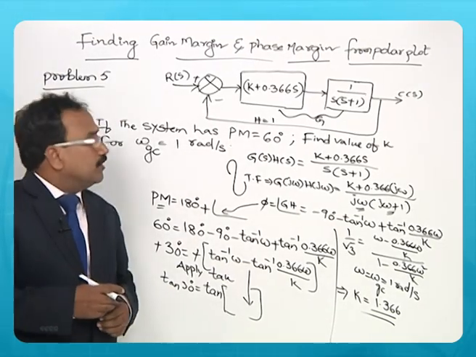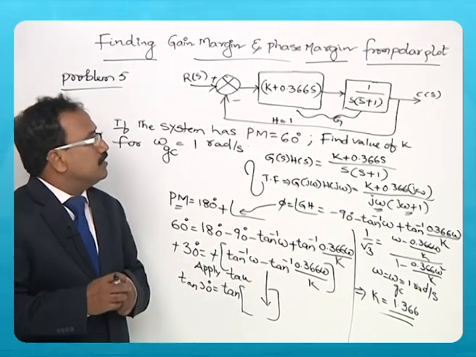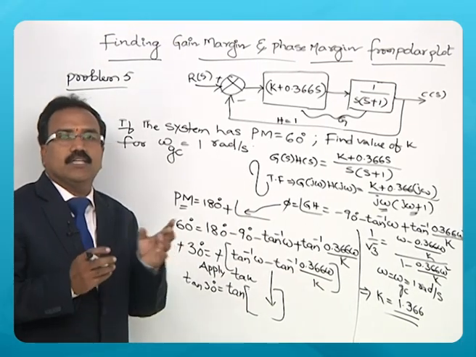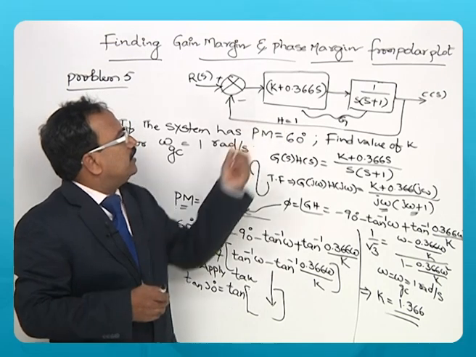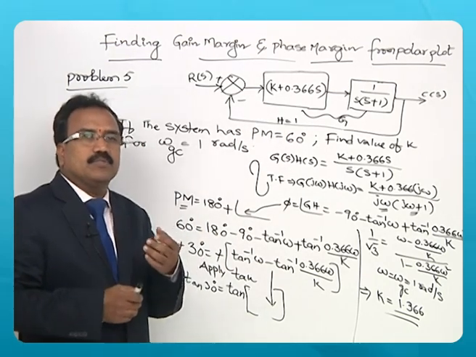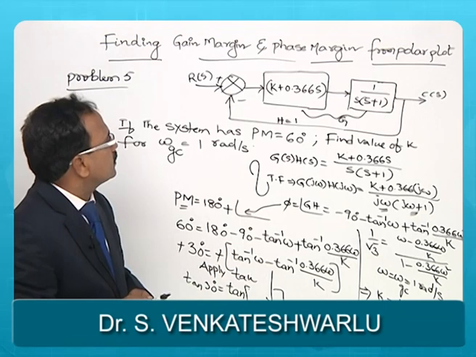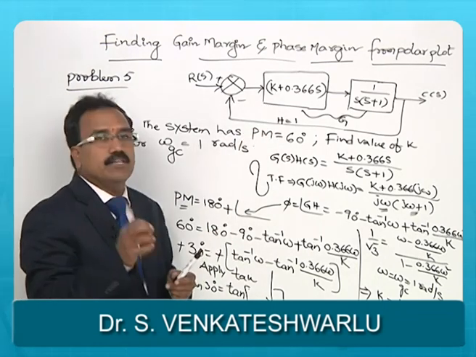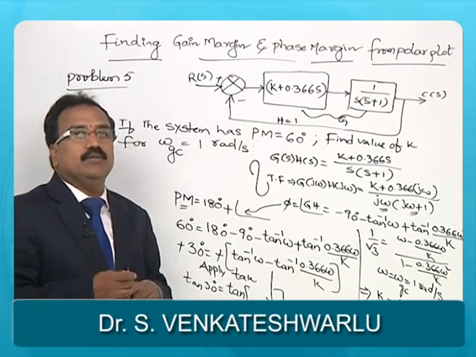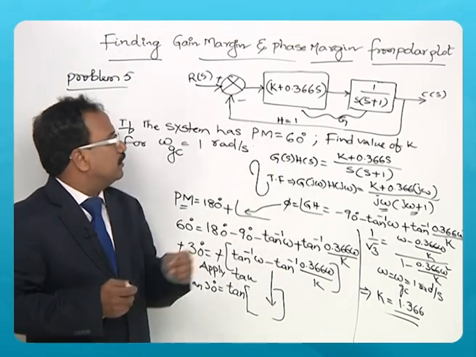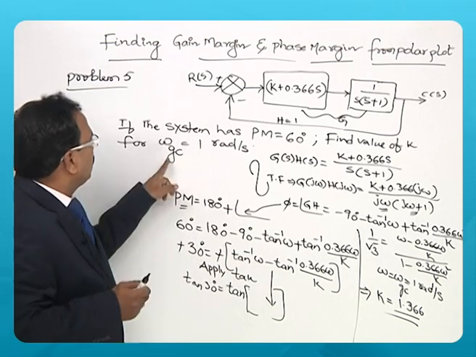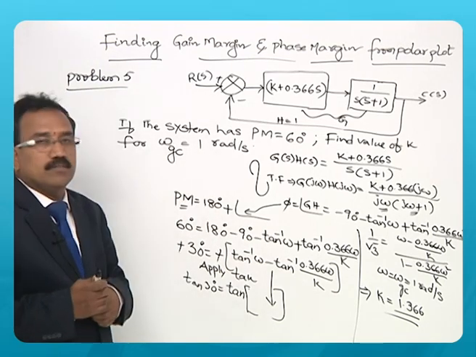So the complexity of this problem is that there are two blocks connected in cascade. One block you can treat as a compensator to modify the behavior of the system, where the term K is involved. So what should be the value of K so that you have a specific phase margin of 60 degrees with a gain crossover frequency of 1 radian per second?